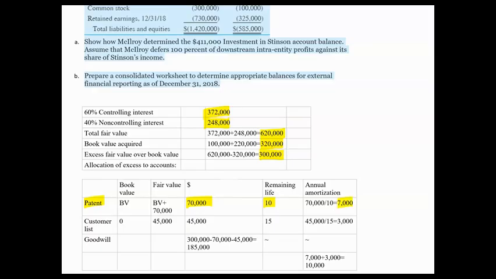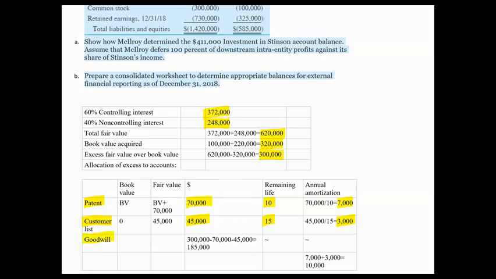And the second one is the customer list. It's not recorded on the book, but it has 45,000 market value, which means that it is undervalued by this amount. It has a 15-year life, which means that every year there is going to be 3,000 excess annual amortization. Okay, and then next we are going to allocate the remaining amount to goodwill.